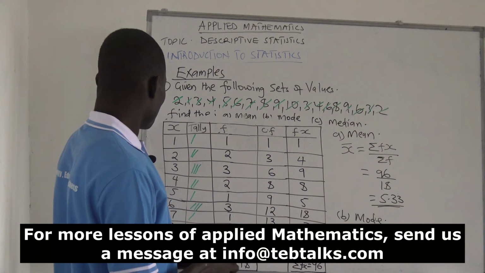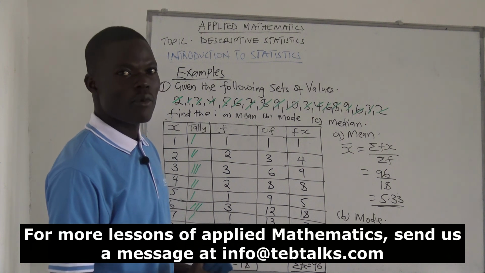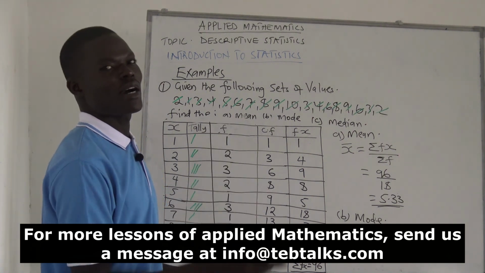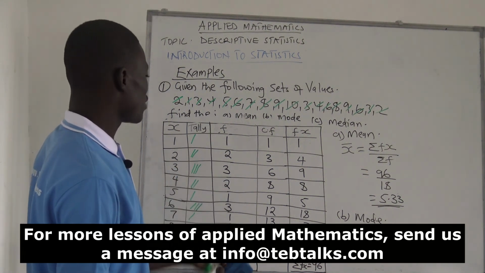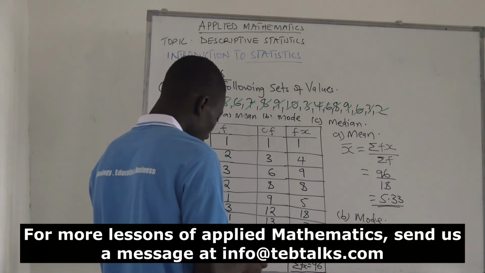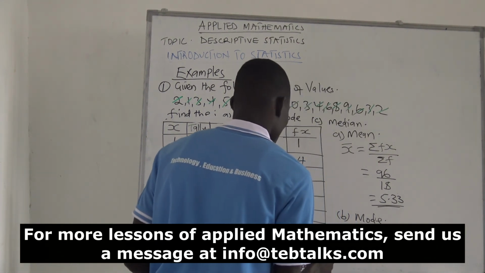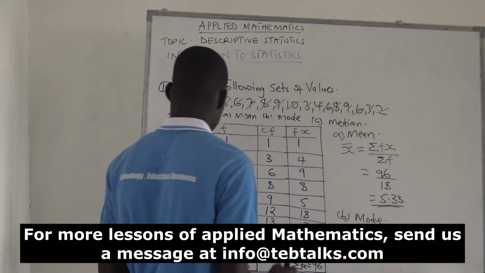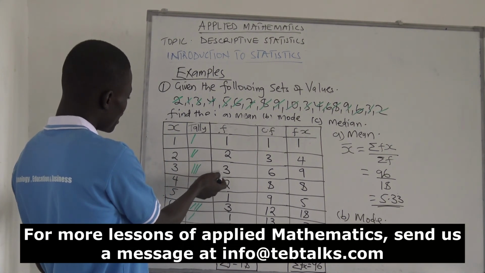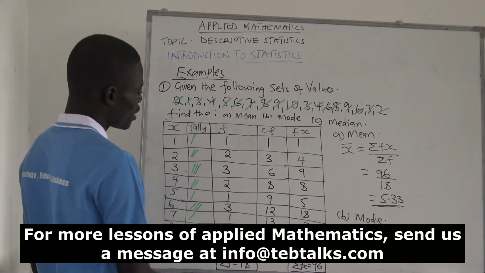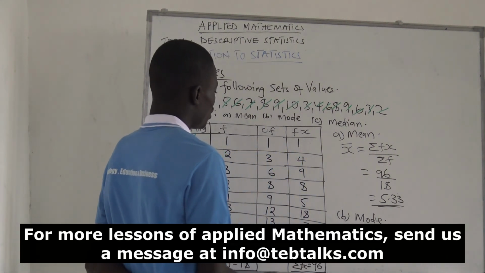If there are two values, how do we calculate the mode for ungrouped data? You add the two and then divide by 2, because they are the ones appearing most. Since there are two, the values are 3 and 6. Both 3 and 6 appear 3 times. So this is our mode.